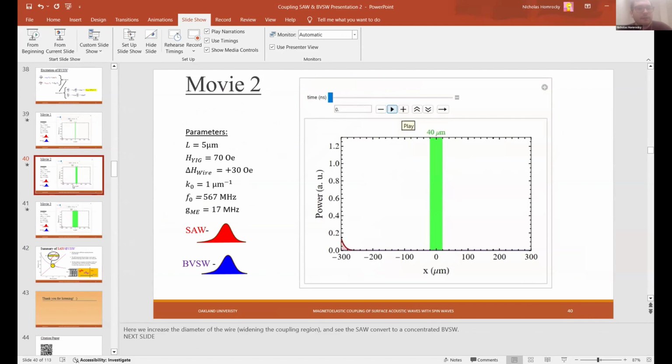I would say maybe not, because the backward volume spin wave is excited within the magnetic film of the YIG, but the YIG is at a different magnetic field where the surface acoustic wave would probably not feel it. I would say no.